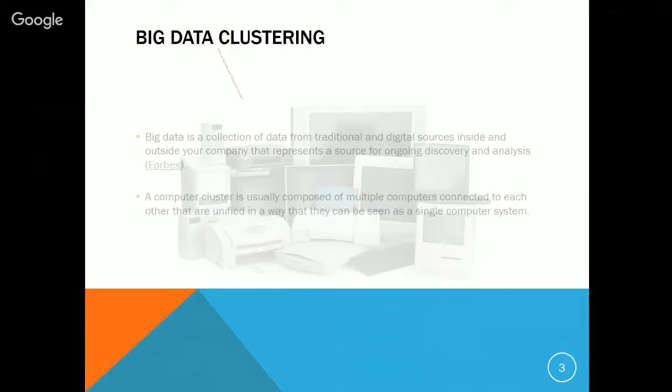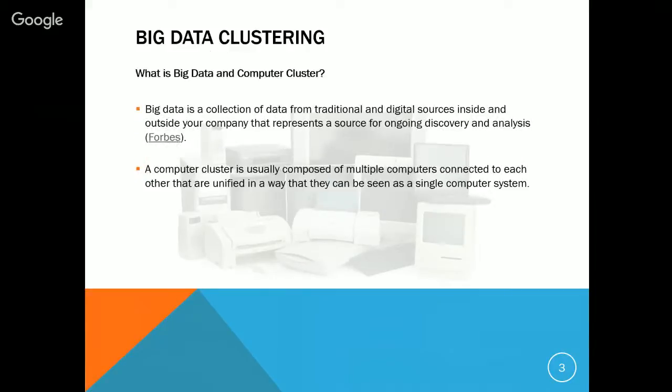So, big data clustering. What do we mean by big data clustering, which is composed of big data and a computer cluster? Big data is a collection of data from traditional and digital sources inside and outside your company or enterprise or business that represents a source for ongoing discovery and analysis.